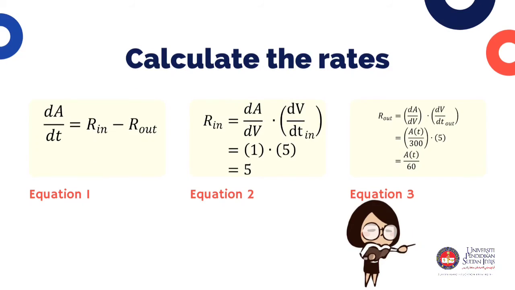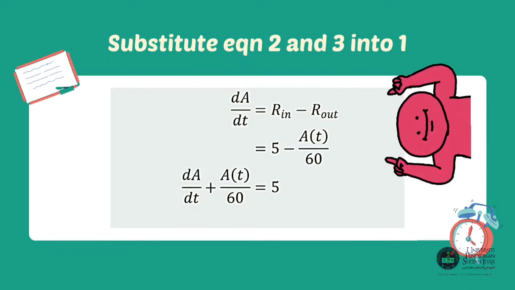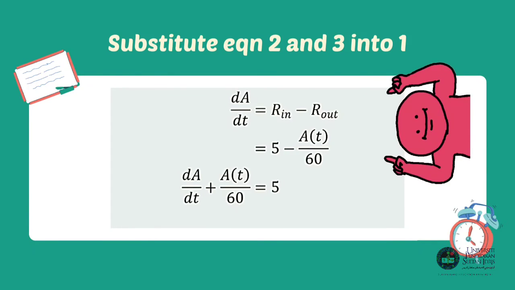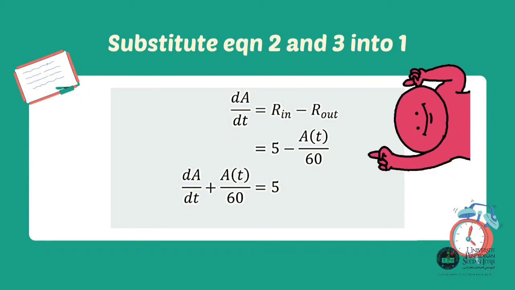By multiplying and simplifying, we get A(t) over 60. We will write this as equation 3. Next, substitute equations 2 and 3 into equation 1. We will get dA over dt equals 5 minus A(t) over 60.